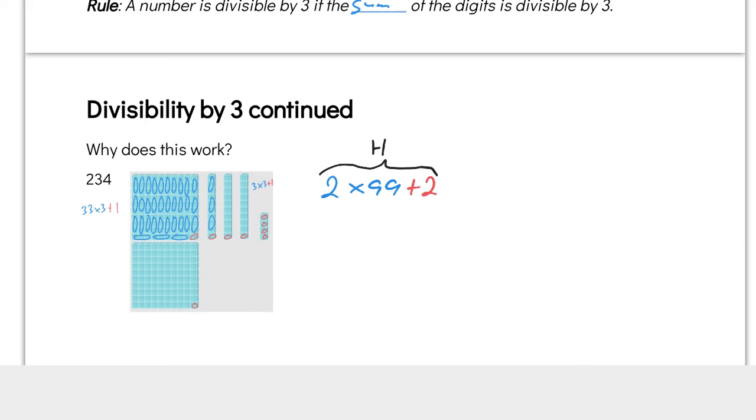Then, in the tens spot, we've got 3 groups of 9, right? Here we can see 3, or this is 9. Here's another group of 9. 3 nines plus those 3 leftovers. This right here represents the tens. And then finally we have the 4 ones.